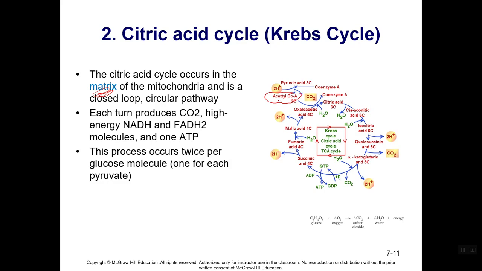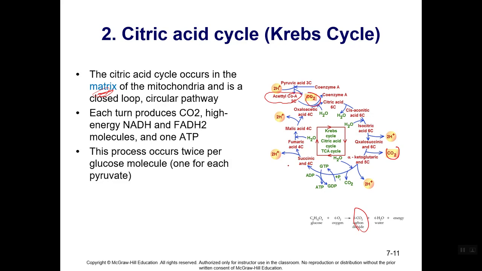But what I do want you to know is that acetyl-CoA is the input here. I do want you to know that. Each turn of this cycle produces carbon dioxide. You can see carbon dioxide here, for example, and carbon dioxide over here. All right, again, we're done with those carbon dioxides.